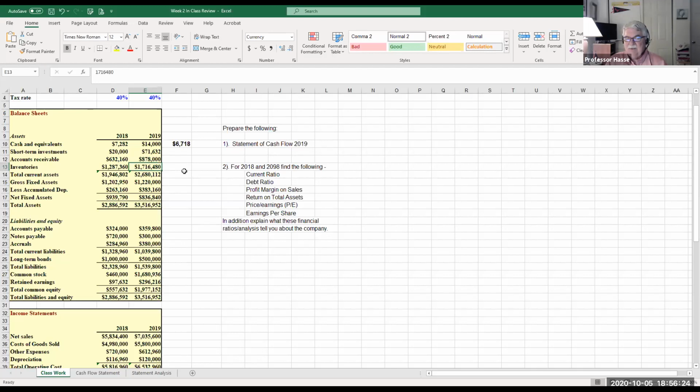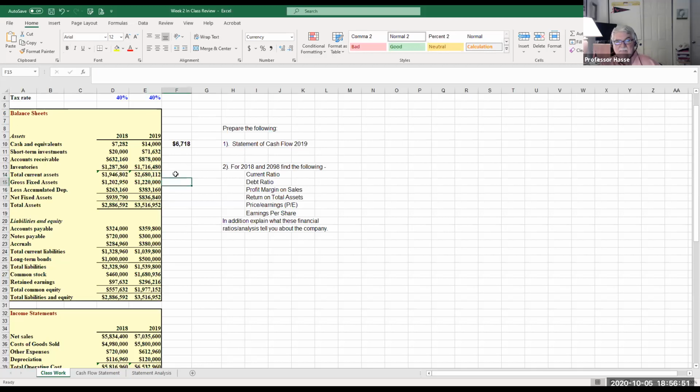So as you can see, $1.7 million of inventory as of December 31st, 2019. That's a lot of money tied up. And that's current assets: cash, short-term investments, receivables, inventory, $2.7 million of current assets.